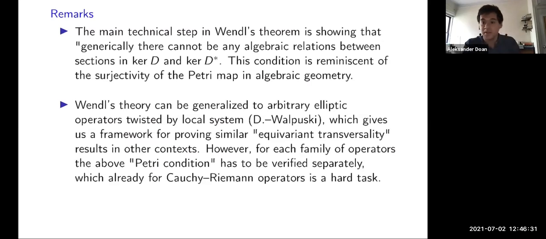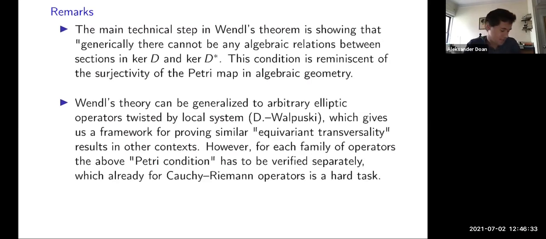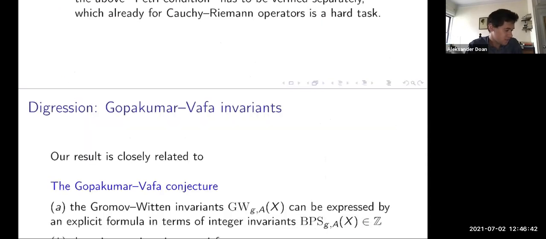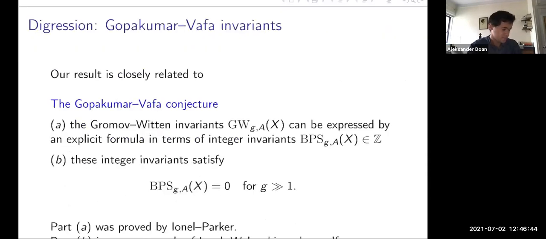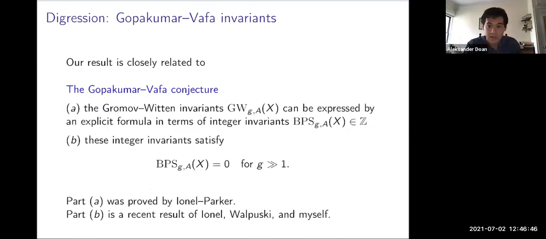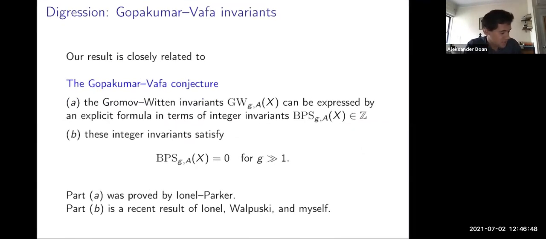So in the remaining part of the talk, I want to say how it is related to the idea of defining invariants of symplectic manifolds by counting embedded curves. So let me start with a digression on the Gopakumar-Vafa invariants. There is this conjecture that if you give me a symplectic six manifold, you can take all of its Gromov-Witten invariants and encode them in a big formal power series.